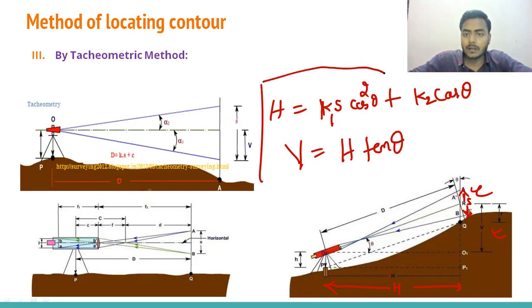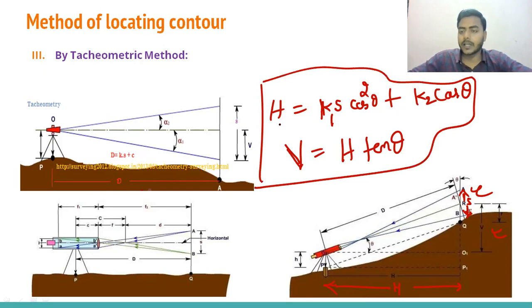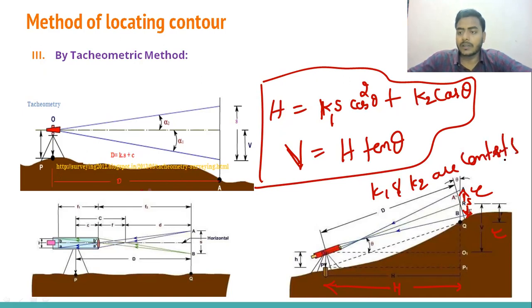Here H is the horizontal distance between the instrument and the leveling staff. V is the vertical distance between the instrument and the leveling staff. K1 and K2 are the instrument constants.